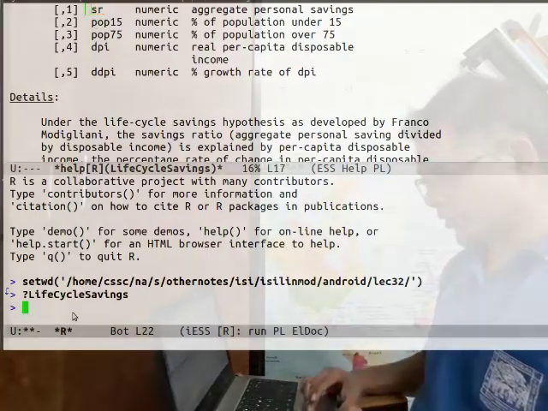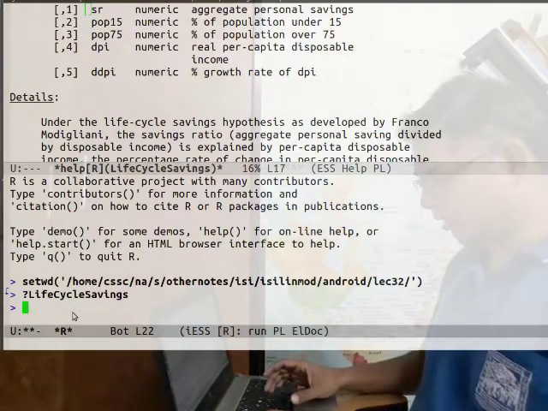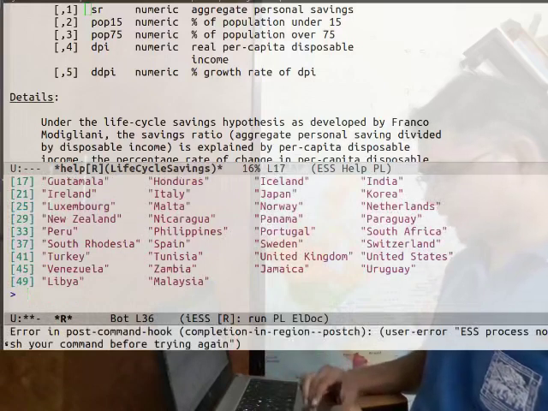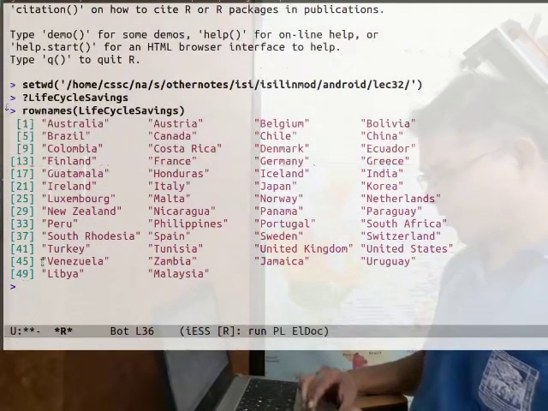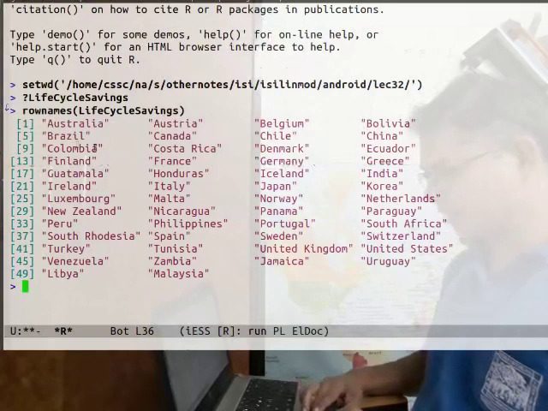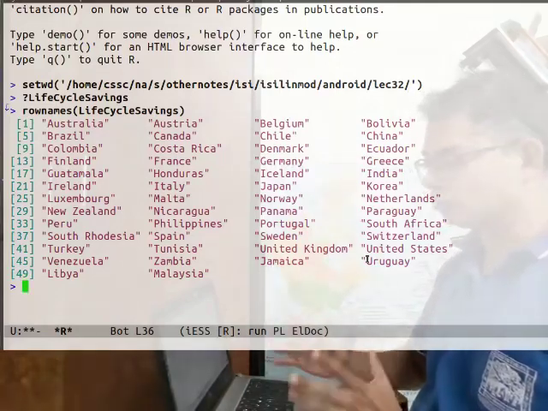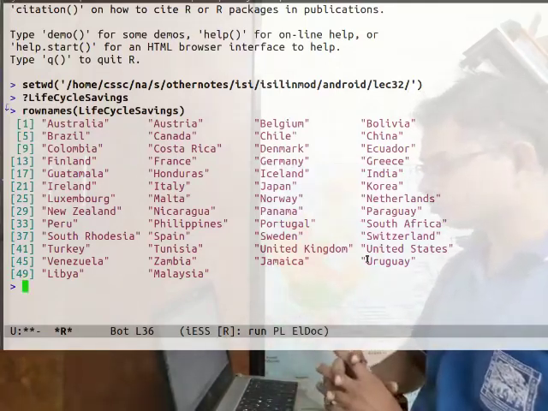So let's quickly take a look at all the countries that I have. I will type row names of life cycle savings, and these are the countries that we have: Australia, Austria, Belgium, Bolivia, etc. And these observations are all averages over a 10-year period.